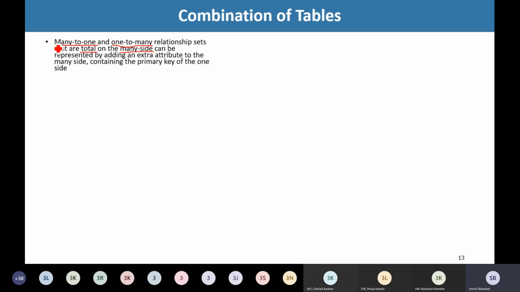I'll repeat. If I am having a many to one or one to many relationship set, and towards the many side I have total participation, then we need not have a separate table for this many to one or one to many relationship set.